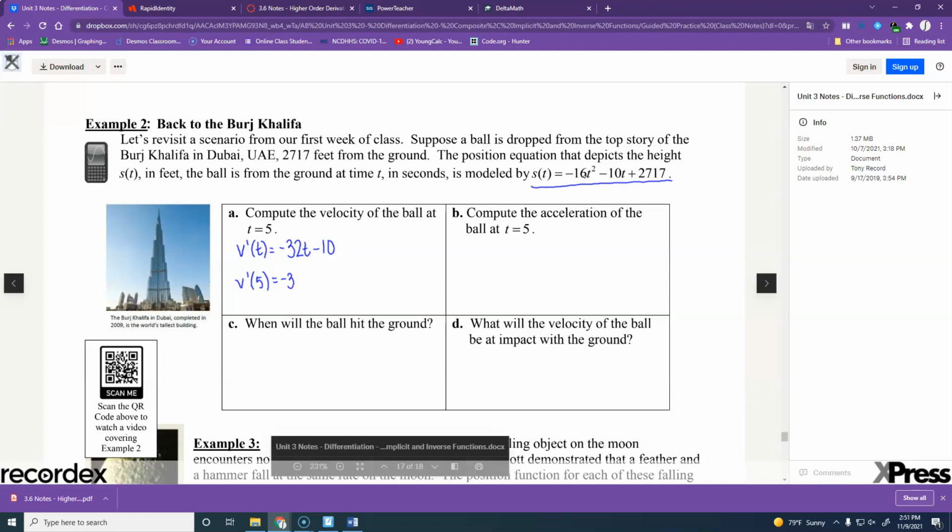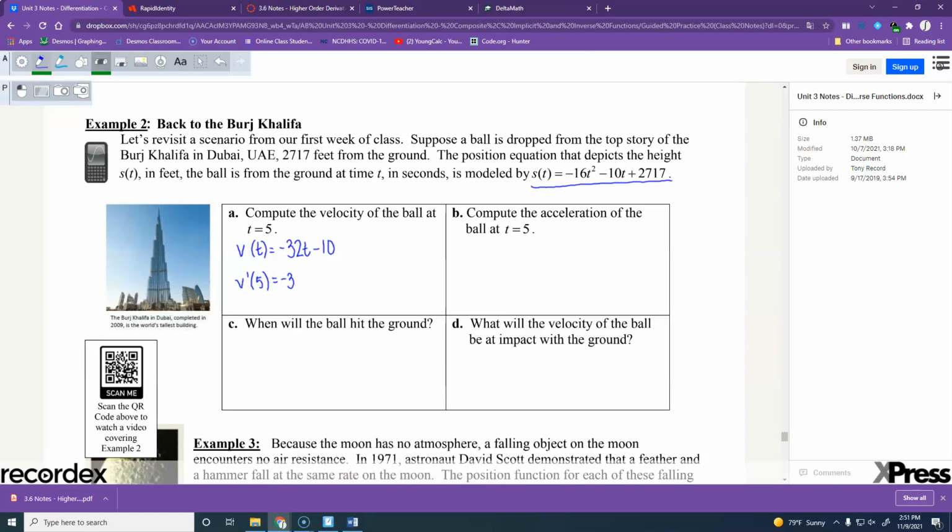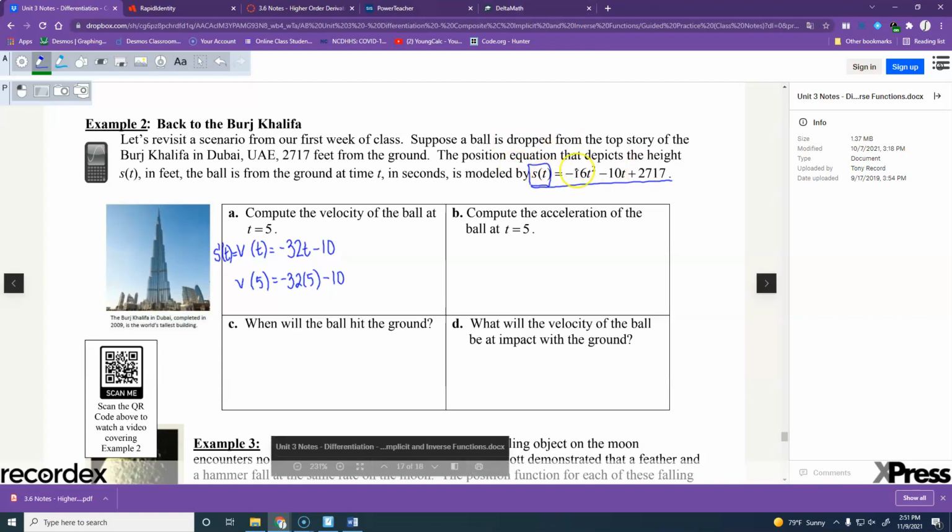What I really should do here, I should not have a prime right there, but what I really should do is say s prime of t equals v of t. So I am showing that I know the derivative of s is the velocity. I should not have a prime on my v. So this is not velocity, this is height.